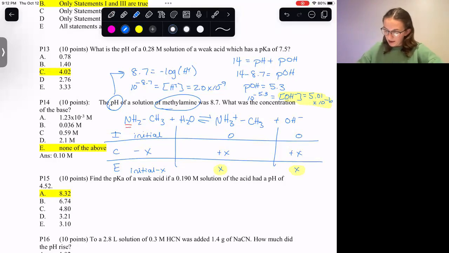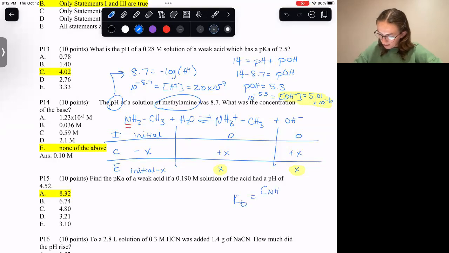So when we write Ka, or when we write Kb for this, we know that this is going to be NH3 plus, CH3, OH minus, and then that methylamine.